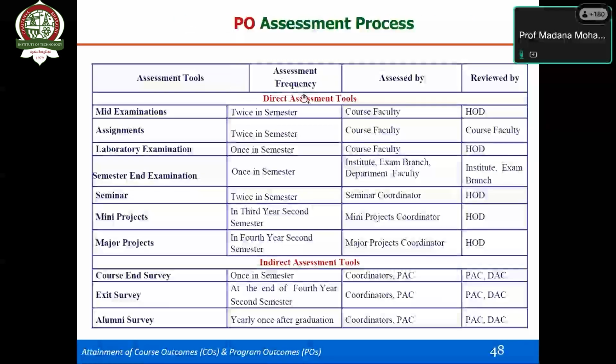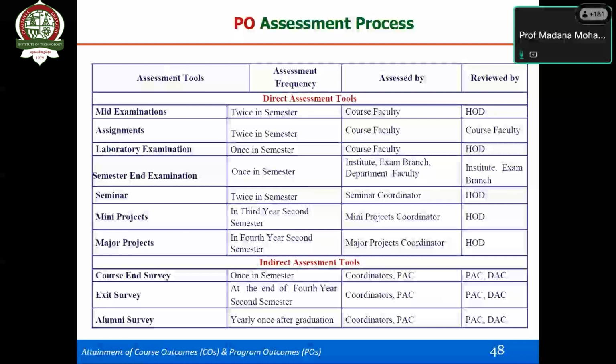Now the PO assessment process is also the same. Again, direct assessment, indirect assessment. Like CO direct assessment, you are having internal examination, external examination component. Indirect attainment, course and semester feedback. For PO level, indirect assessment tools are different. In addition to course survey, we are having exit survey, alumni survey, employer survey.